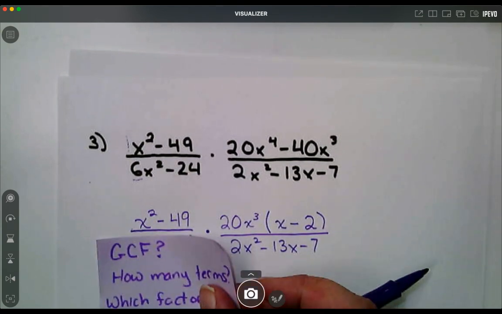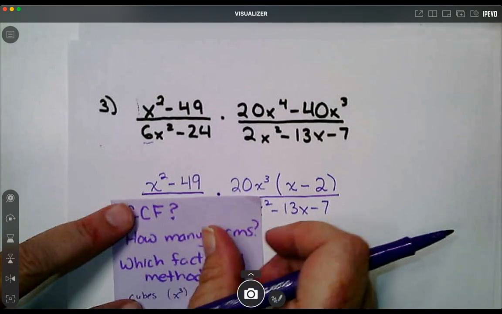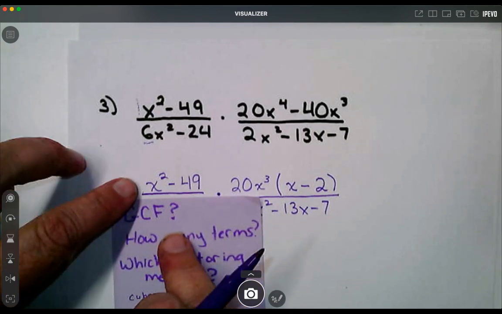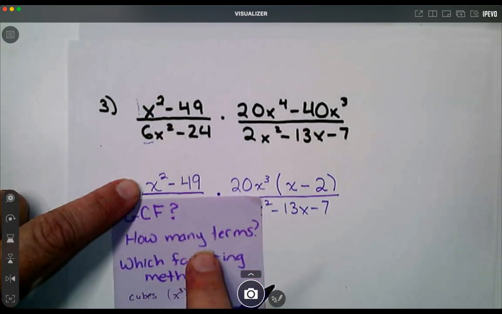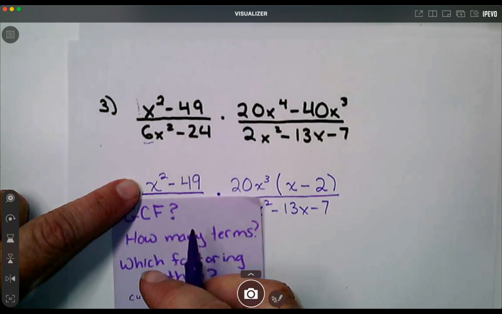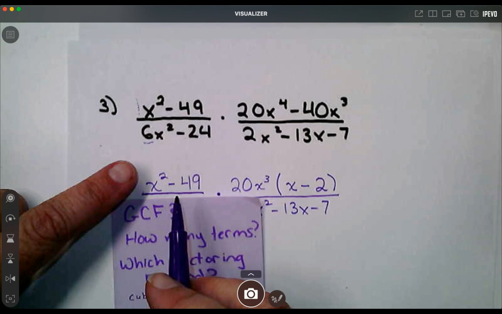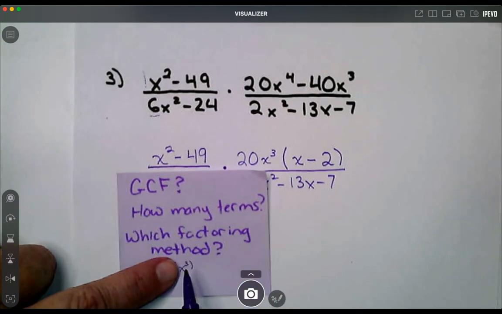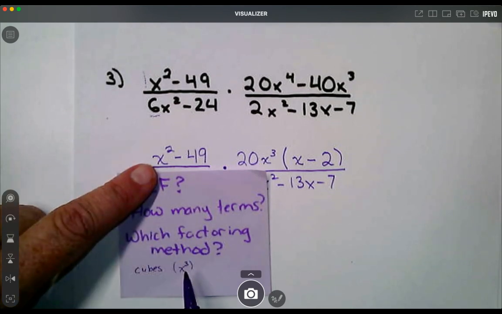So let's look at this top one. We decided there was no GCF. It has 2 terms. And so if we have 2 terms, it could be sum of cubes or difference of cubes, but there are no cubes there. There's nothing to the third power. So that leaves me with difference of squares.